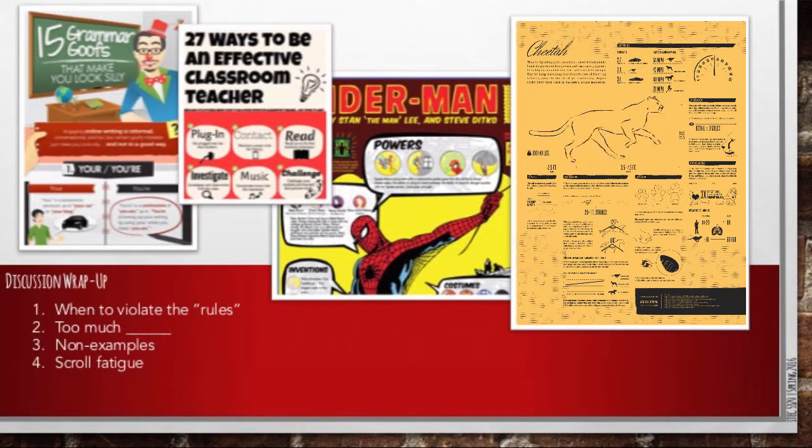If you know that you violate it and you can explain why you violated it, that's something else entirely. So being able to explain why you would violate a design principle or rule is good. And being able to explain why you think someone else violated a particular design principle is even better. That tells me that you're getting into the meat of the content and you're synthesizing it and you're able to explain, so it's not just superficial understanding and learning.